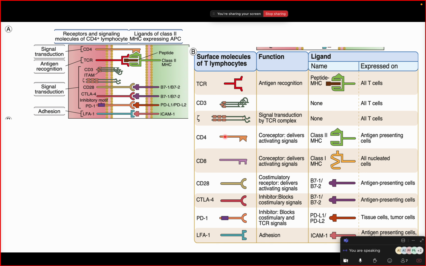But here we are talking completely about cell mediated immunity, in which the secretion of antibody is not there. There is a direct contact with the help of receptors and co-receptors of the T cell and the antigen presenting cell with the help of MHC molecule, and then the infection is taken care of or eradicated from the host. Okay.